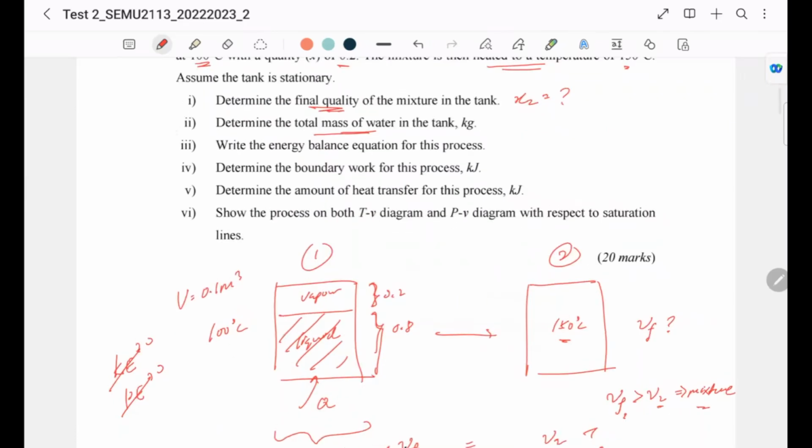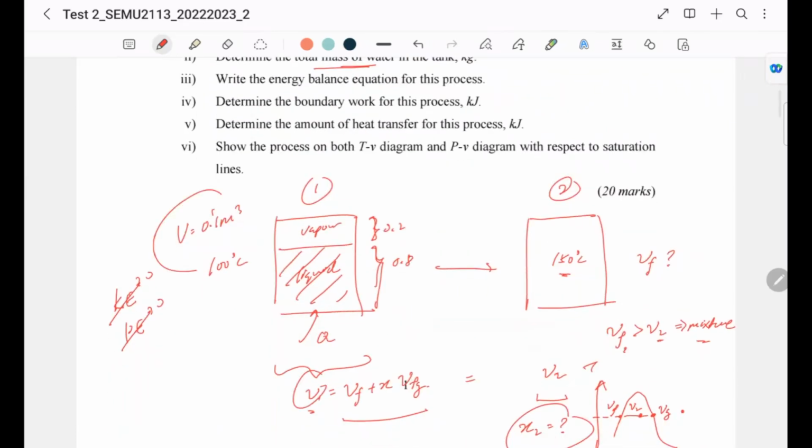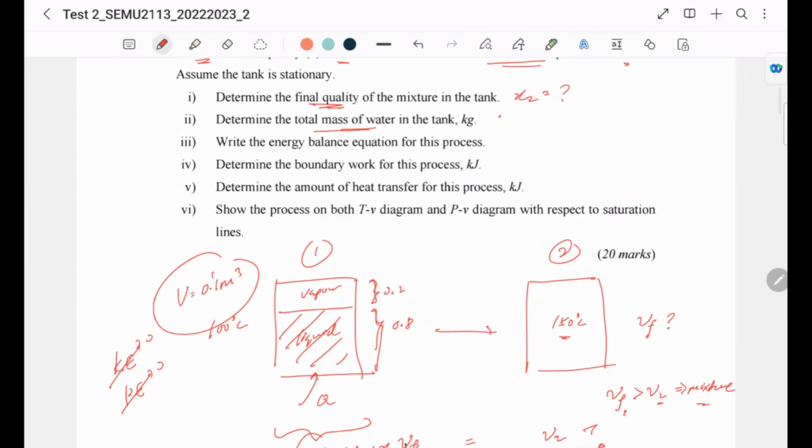So we have this. V is basically equal to mass multiplied with v1. So then we should be able to find out the mass. And then write the energy balance equation.